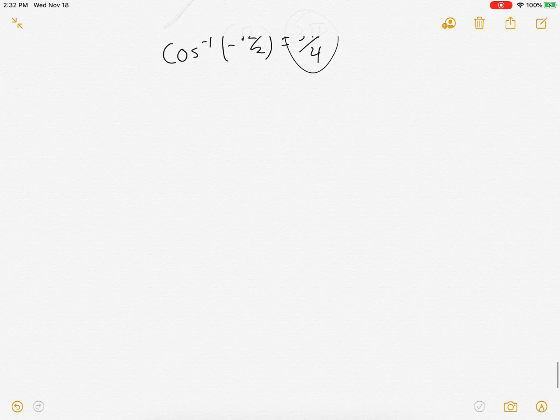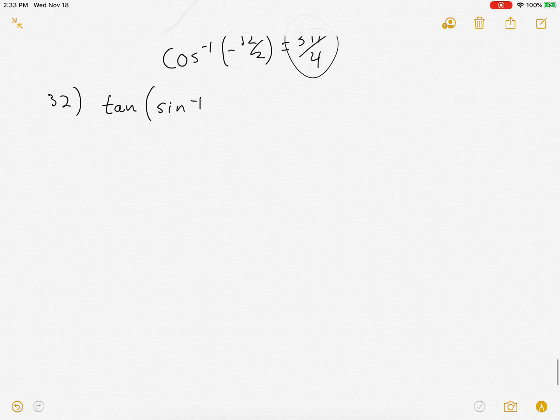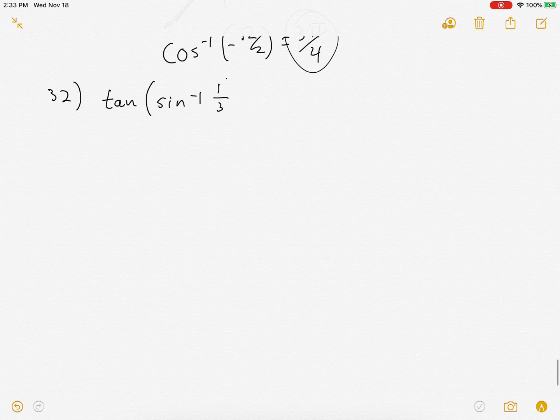Okay? I am going to do one more here. 32. The tangent of the inverse sine of 1/3. Now, none of us know what the inverse sine of 1/3 is, but we can draw it. We know that sine is y over r. We know it's positive, and the inverse sine is only positive in the first quadrant.